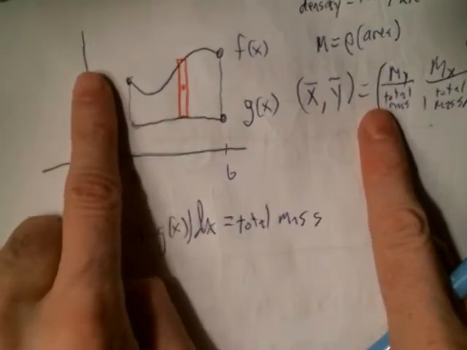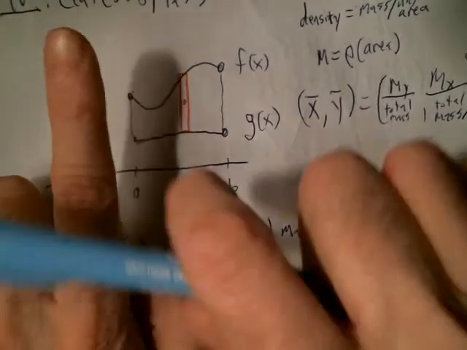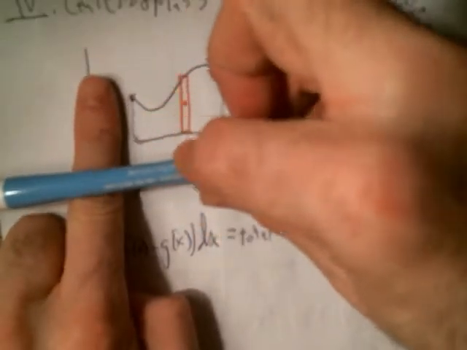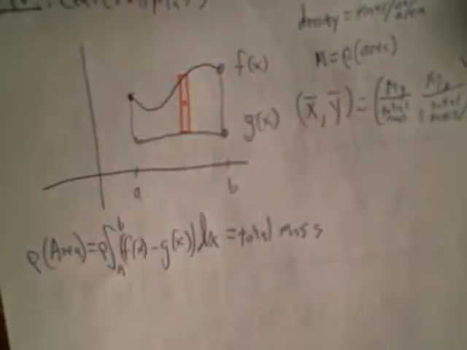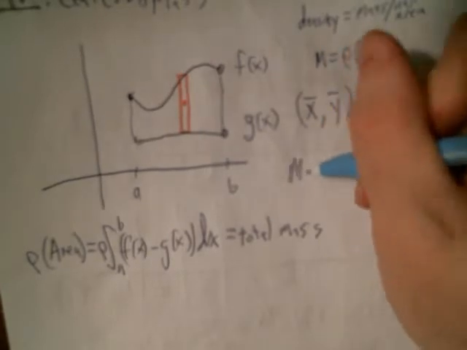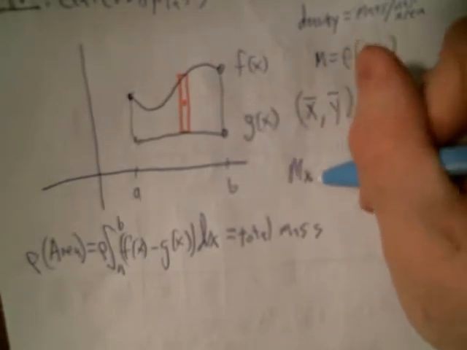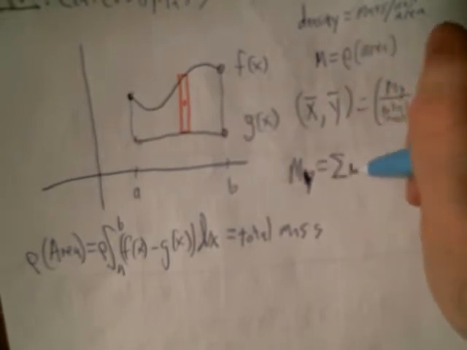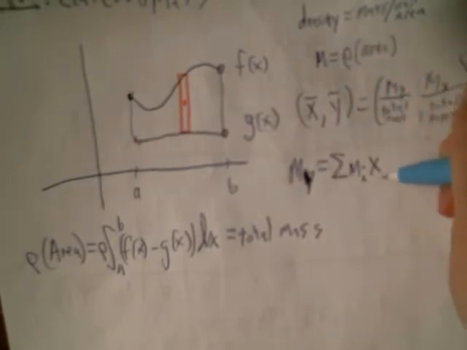The moment about the y-axis, so pretend my finger now is kind of the fulcrum, and the moment is going to be with regards to x distances, okay? So for m sub y, it's always going to be a matter of summing up a bunch of masses times distances from the y-axis.